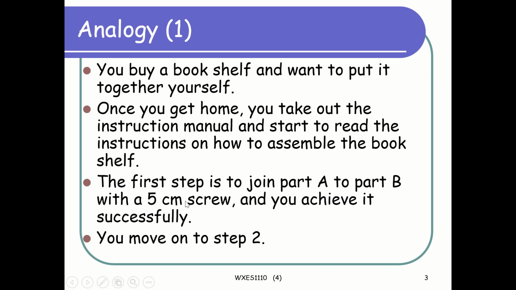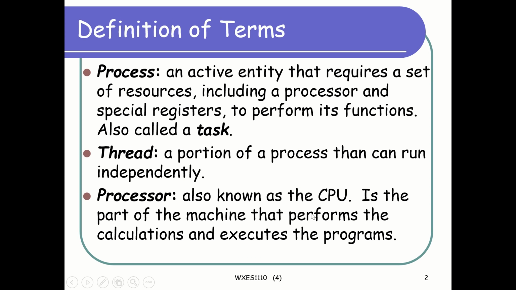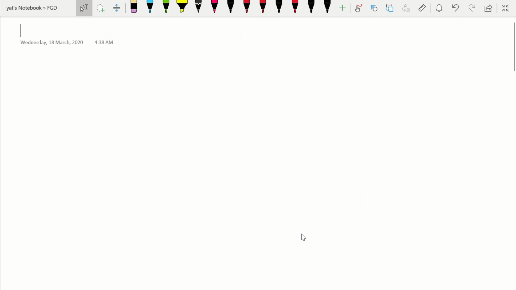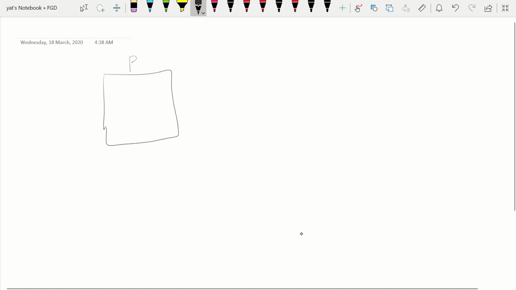Processors, also known as the CPU, are the part of the machine that performs the calculations and executes the programs. So you have here a process. This is process 1, and this is thread 1, thread 2, thread 3 and so on.